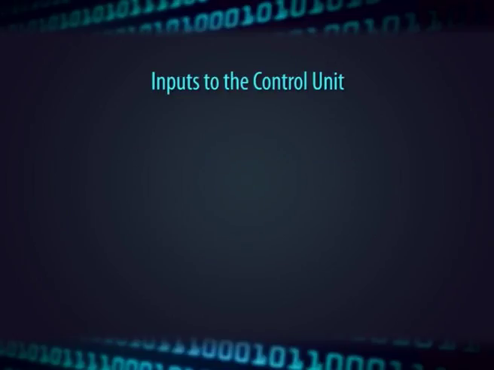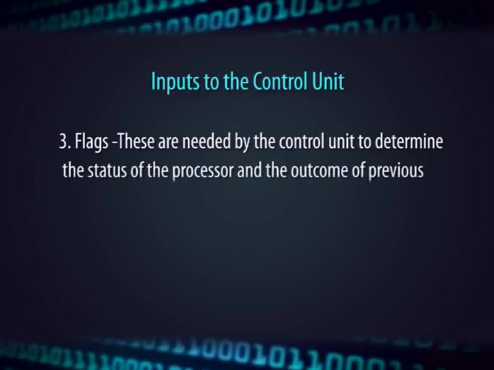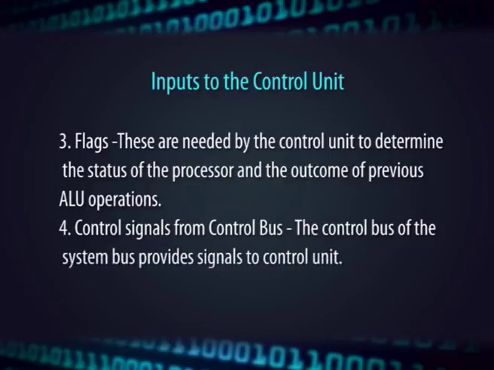Third is flags. These are needed by the control unit to determine the status of the processor and the outcome of the previous arithmetic and logical operations. Fourth is the control signals from the control bus. The control bus of the system bus provides signals to the control unit.